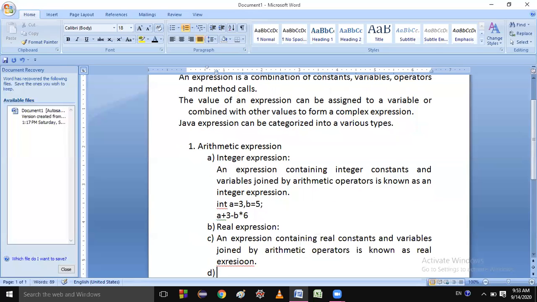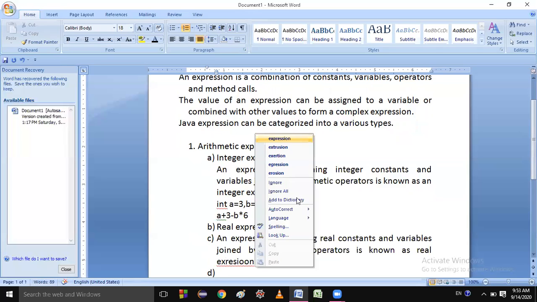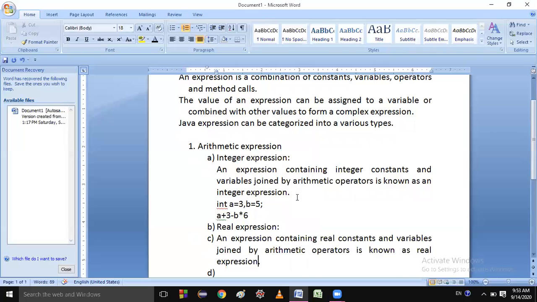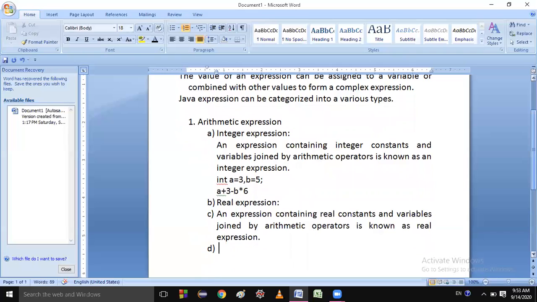You know that in Java the real numbers can be float or double. If I use float, that means you are going to write decimal numbers. Suppose I'm writing here float a equal to 3.2, b equal to 4.0.